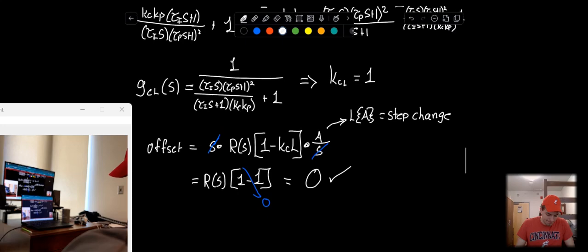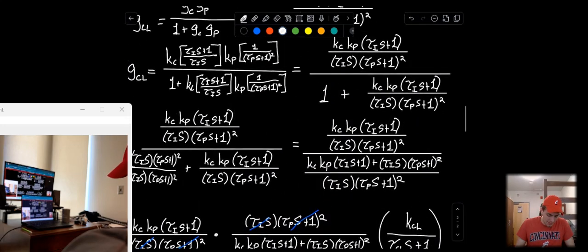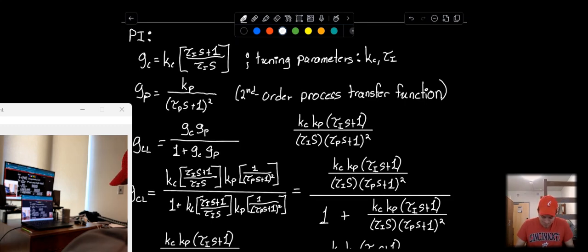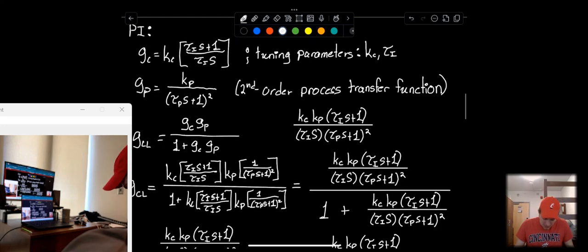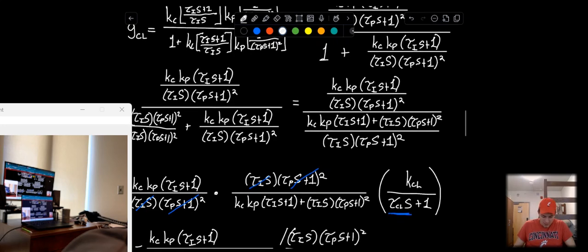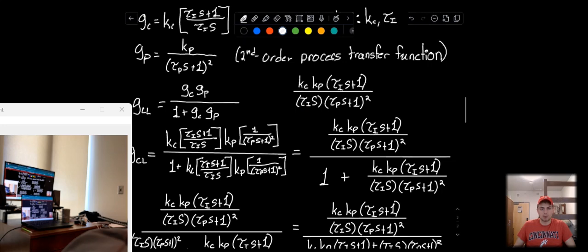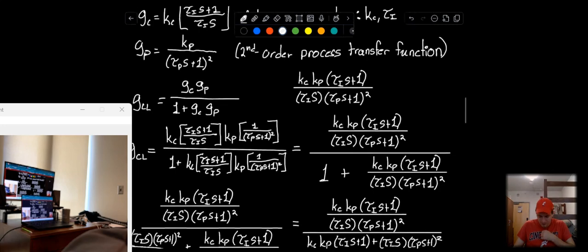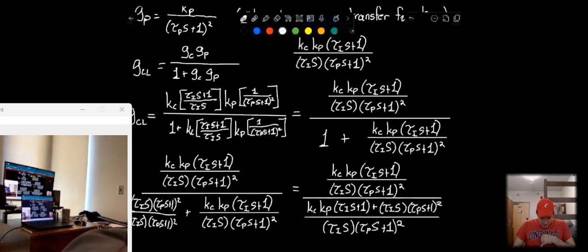Now, the other thing to take away from this derivation in its entirety is that it really isn't order dependent in terms of the process transfer function for our process gain, right? So we gave it a second order process just because that's what the problem stated. However, remember that what's really being changed, depending on the order of the process, is the order of the tau p s plus 1 term.